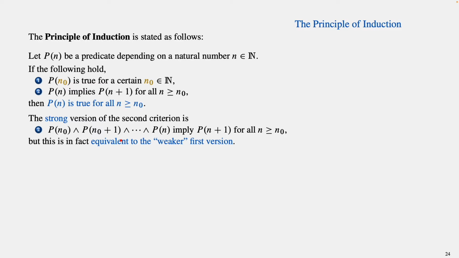But in fact, this version and the previous version are equivalent. We do not show this here, but we can use either version equivalently in proofs by induction. The strong version is sometimes more convenient because we might have to refer to several smaller values during the proof.